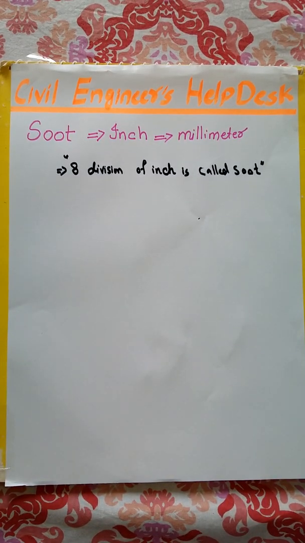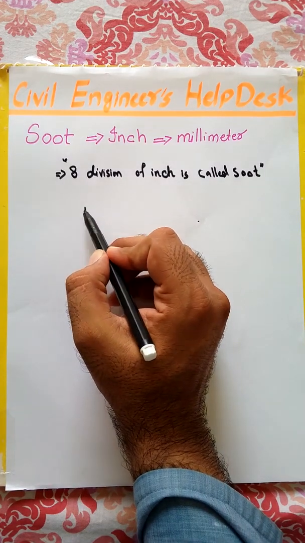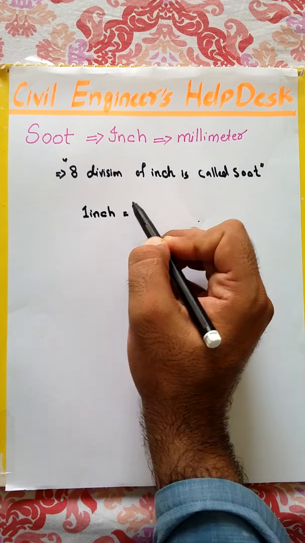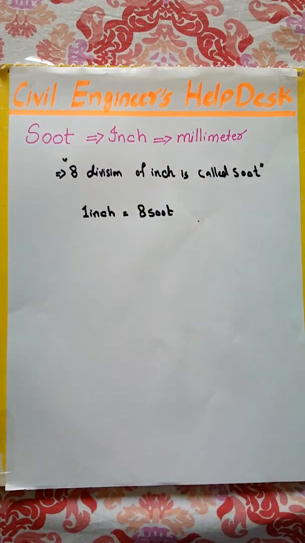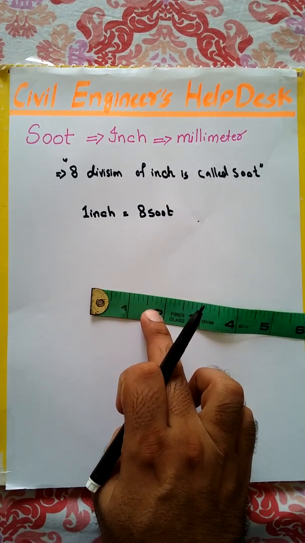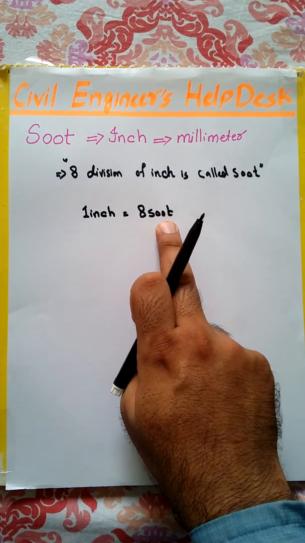Another thing we get from this definition is that 1 inch is equal to 8 Sooth. Why? Because if you count, in 1 inch you get 8 divisions, meaning 8 Sooth. So 1 inch is equal to 8 Sooth.